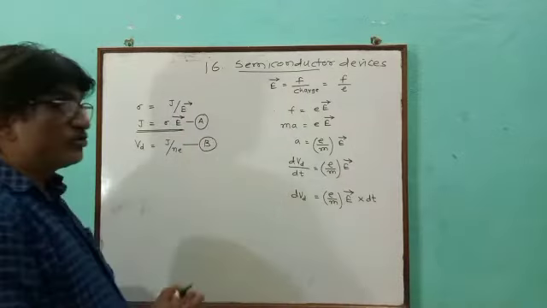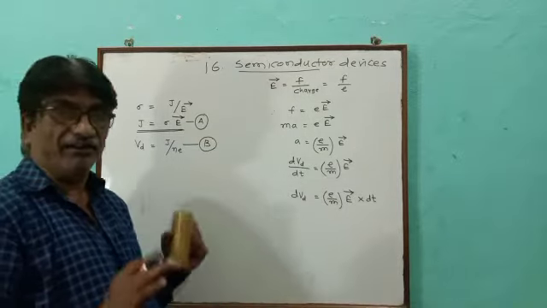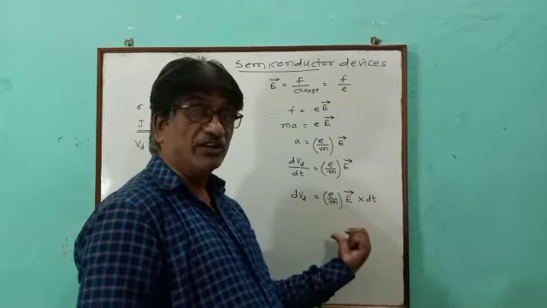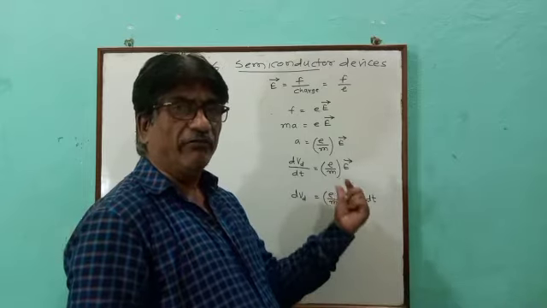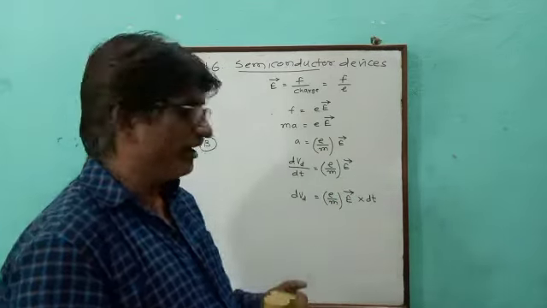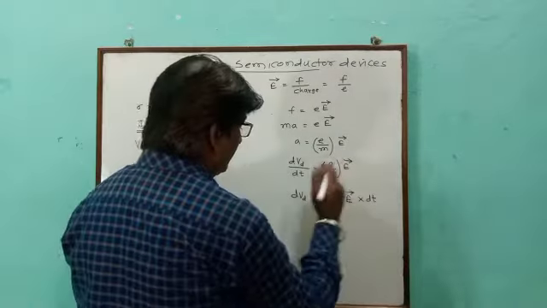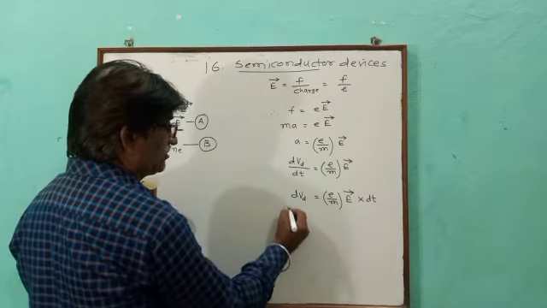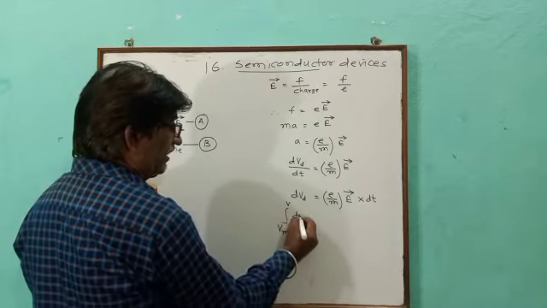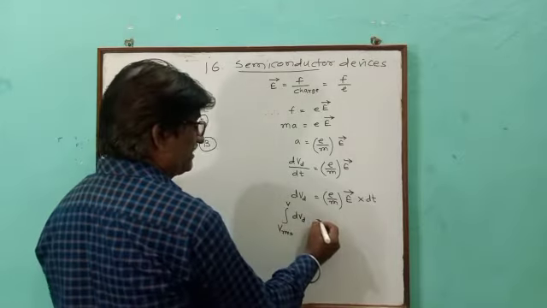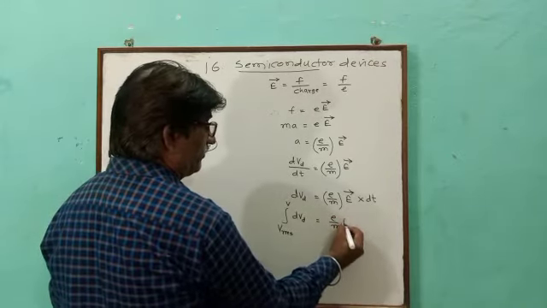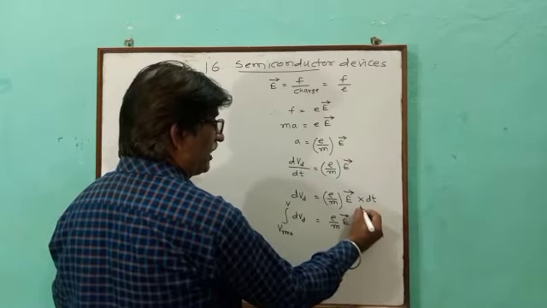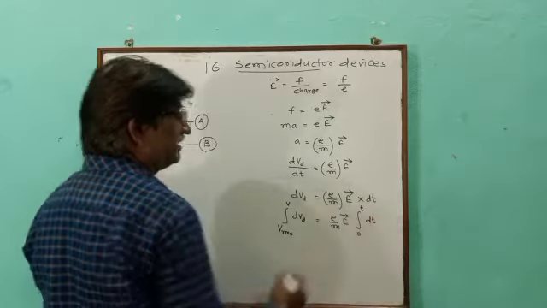If functions and variables are there, or only variables are there, then integrate the equation. So this equation can be integrated from v RMS to v, the derivative of drift velocity, equal to e upon m vector E, integrated from 0 to time t into dt.